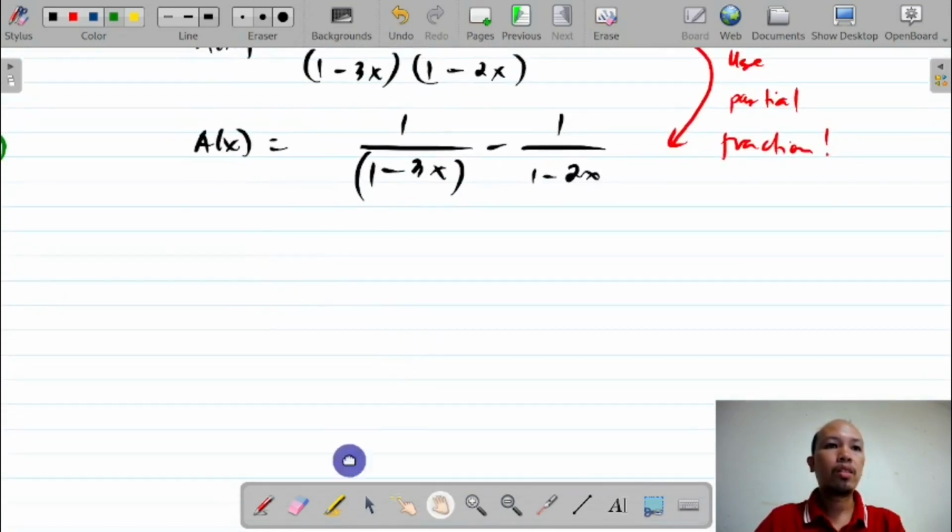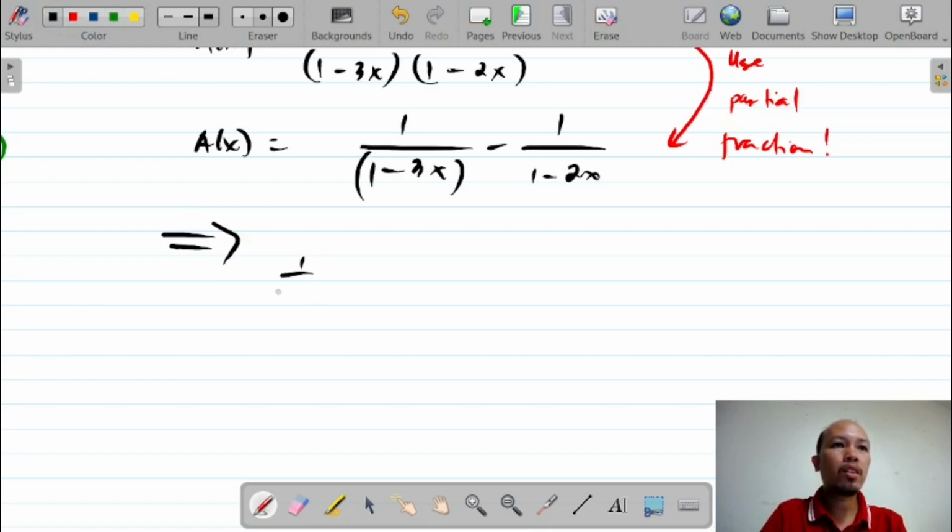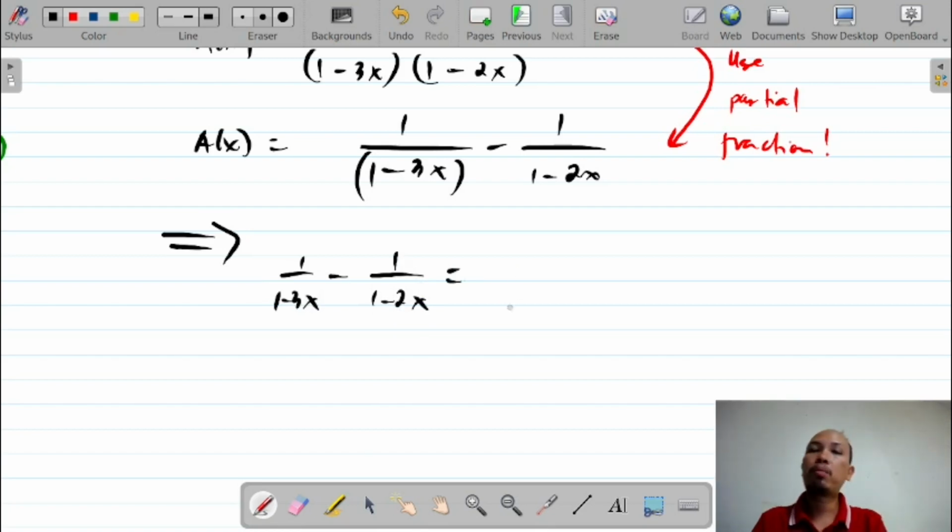Okay, so recall that this implies that 1 over 1 minus 3x minus 1 over 1 minus 2x, if we use our geometric power series.